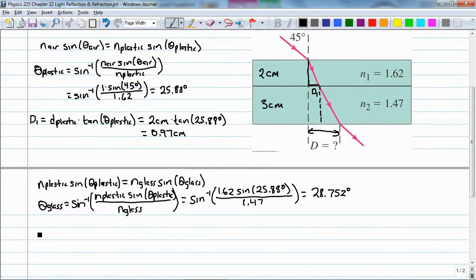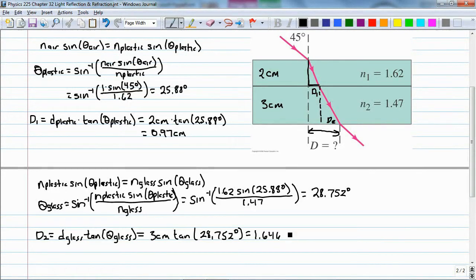So now I have distance 2, which is this horizontal distance, is equal to the distance of the glass times the tangent of theta glass, and that equals 3 centimeters times the tangent of 28.752 degrees, and that gives me 1.646 centimeters.